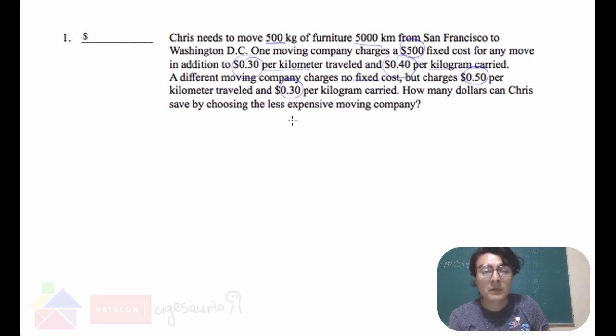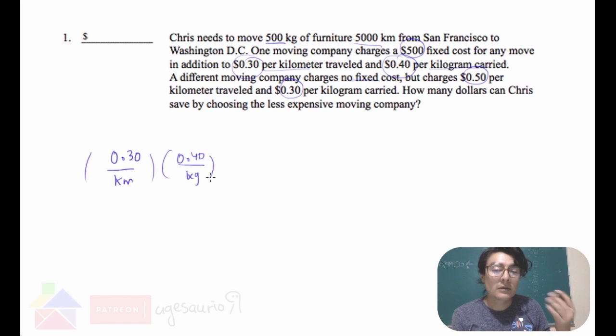The only thing we have to be careful about right here is that this is 30 cents per kilometer, and this one is 40 cents per kilogram, right? So we're gonna have to multiply it against both.